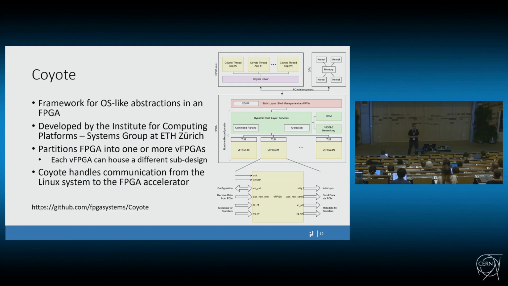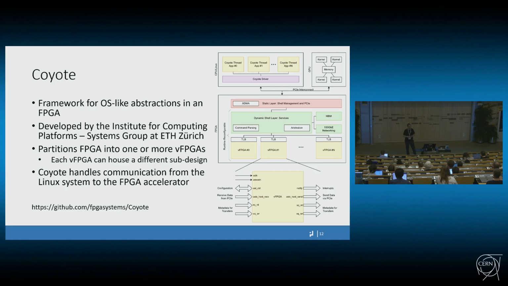to the simulator. We just need now an interface between the CPU and the design in the FPGA, and for that I use the Coyote project, which is a framework for operating system-like abstractions in an FPGA, and it is developed by the Institute for Computing Platforms or Systems Group at ETH Zurich.